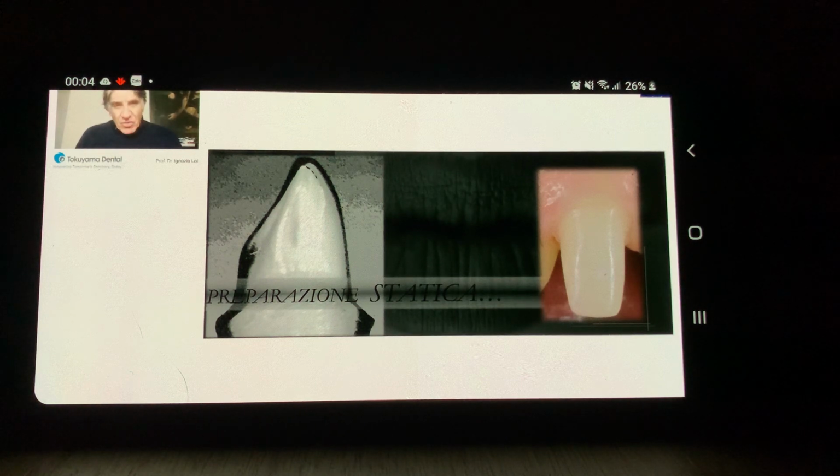We cannot interact with what we have done on the tooth unless it is through a re-preparation, which anyways will always go towards the apical part. So the change in the volume in the space always happens inside the tooth structure, and we can change it only by re-preparing the tooth.